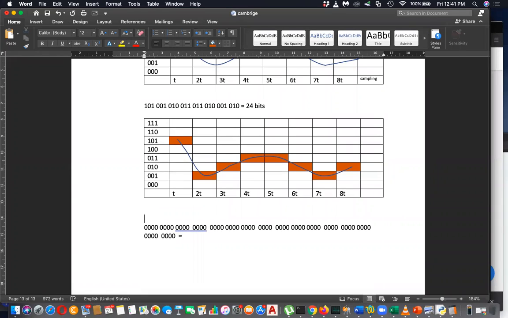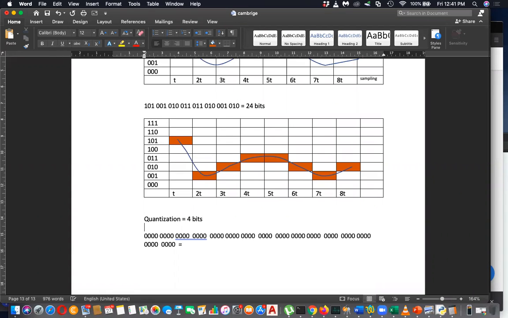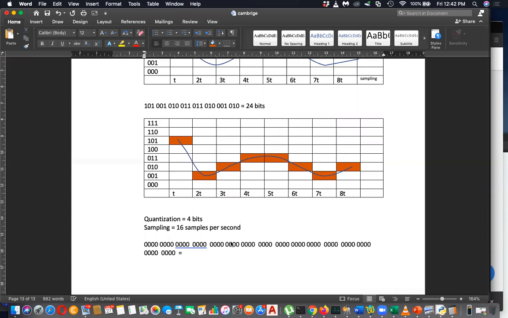So when you have quantization equal to 4 bits and sampling equal to 16 samples per second, the number of bits you will get is 4 into 16, which means 64 bits, equal to 8 bytes.